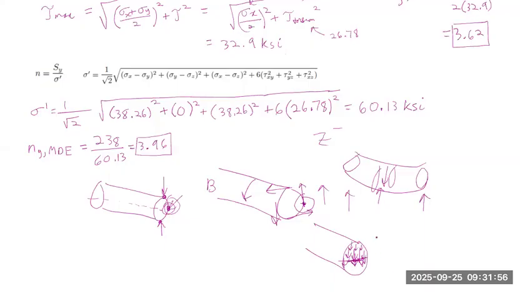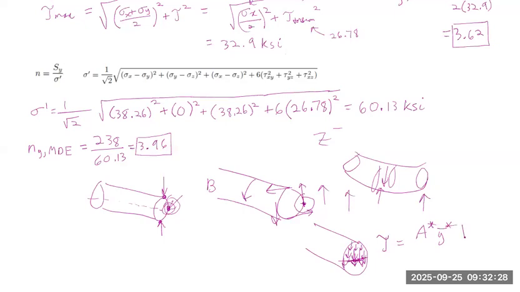In general form, transverse shear stress is given by A star, Y bar star, times V over IT.